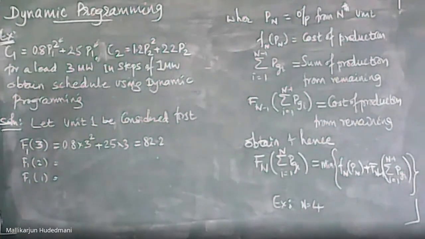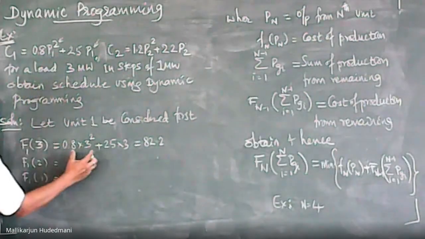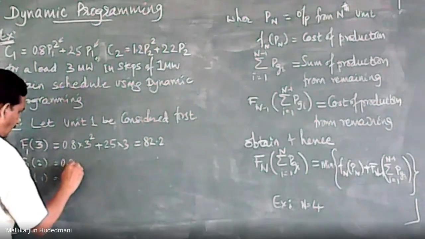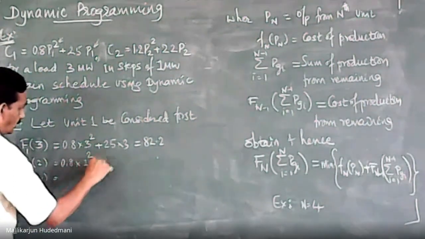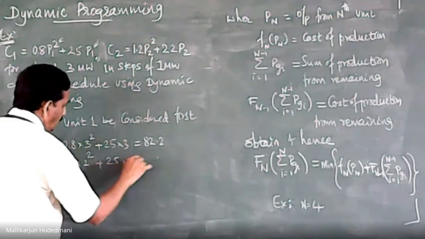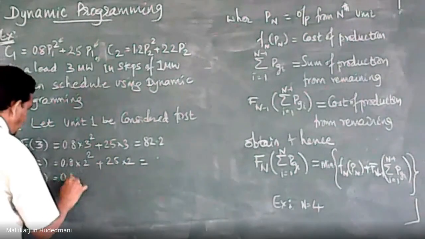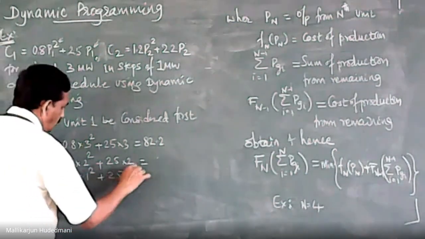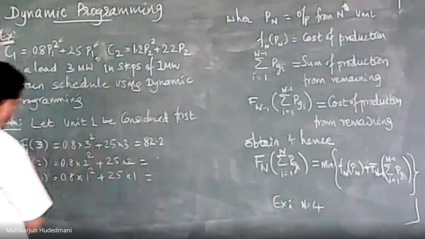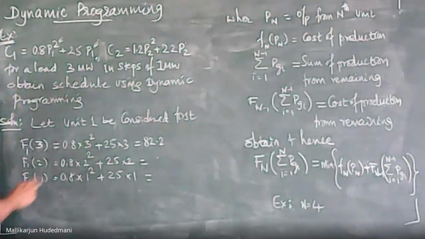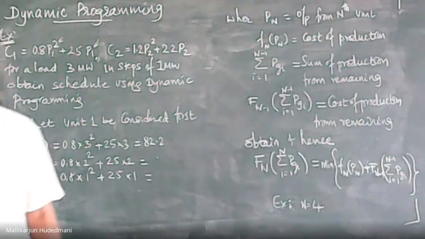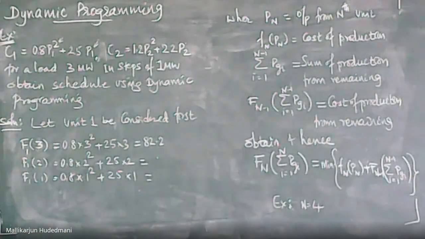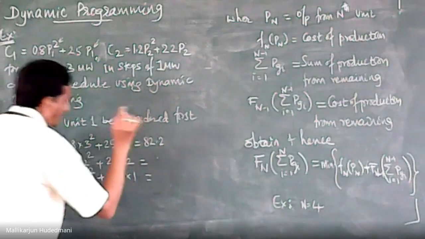When I wanted the cost of production for 3 megawatt, I referred to this. Similarly, 0.8 into 2 square plus 25 into 2, and 0.8 into 1 square plus 25 into 1. These are the production costs of machine number 1 for 3, 2 and 1 megawatt. I expect you to keep these answers for yourself.